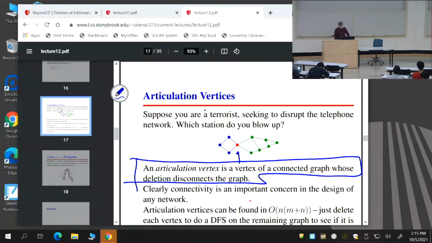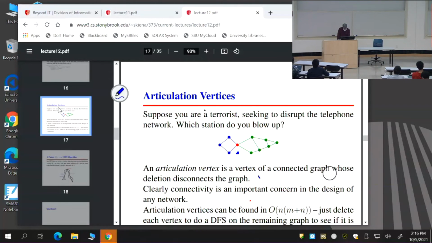And if you are not a terrorist, but someone trying to build a reliable road network or a reliable communications network, you want to know where the weakest point in that graph is, right? Can anybody give me an algorithm to find out if there is a single point of failure in a graph?